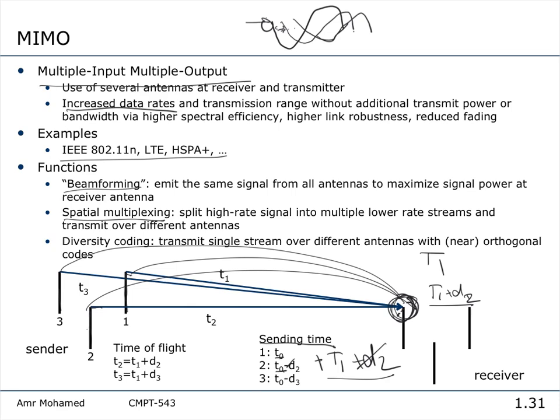Spatial multiplexing, we don't do that. We split the actual data into multiple streams, and we send each stream on an individual antenna. So in that case, I can essentially raise the overall data rates. This is the concept that's used in 802.11n, and 802.11n can reach gigabits per second. This is one of the enhancements that they used in 802.11n.